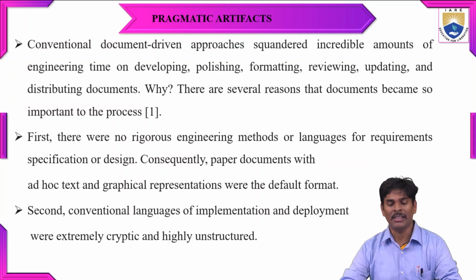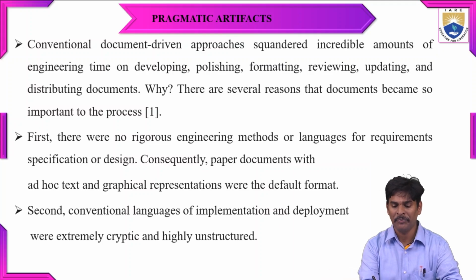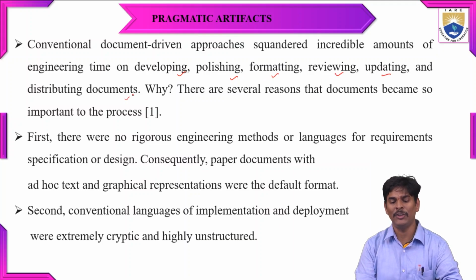First one is the conventional document driven. This conventional document driven approach is mainly applicable for the organization to verify the amount of engineering time spent on developing, polishing and formatting, reviewing, updating and distributing this documentation.